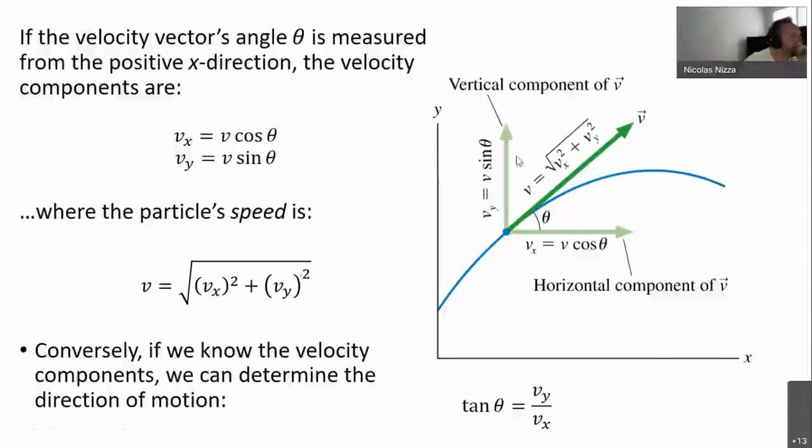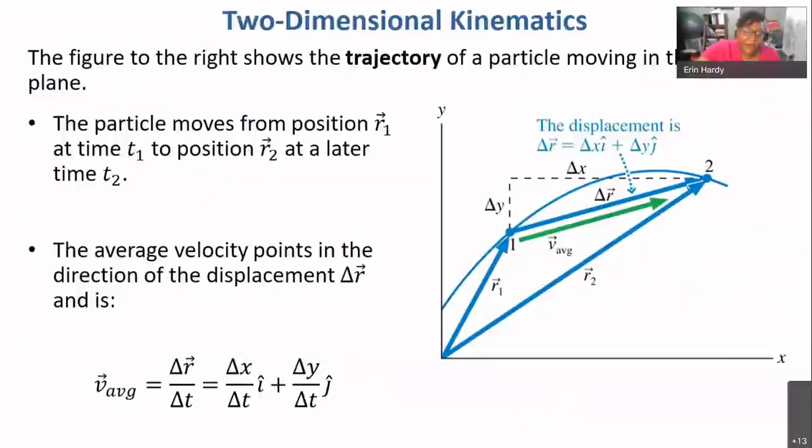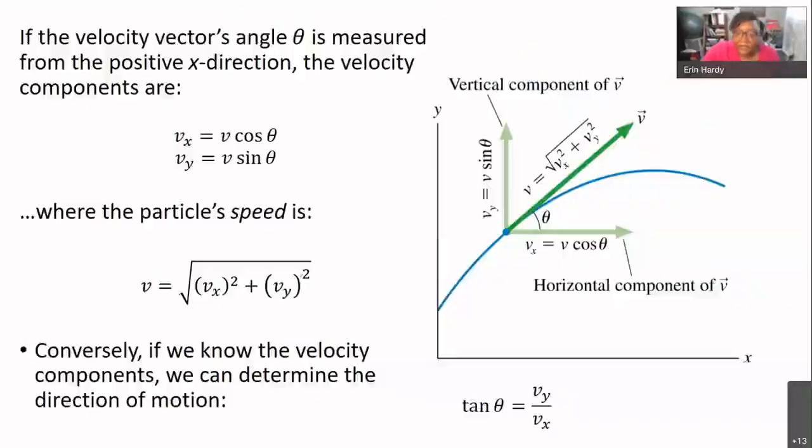Okay. So the magnitude we can find just by applying the Pythagorean theorem. The direction, we have to make a decision about our coordinate system. And luckily we made a choice way back here about where our X and Y axes were relative to one another.